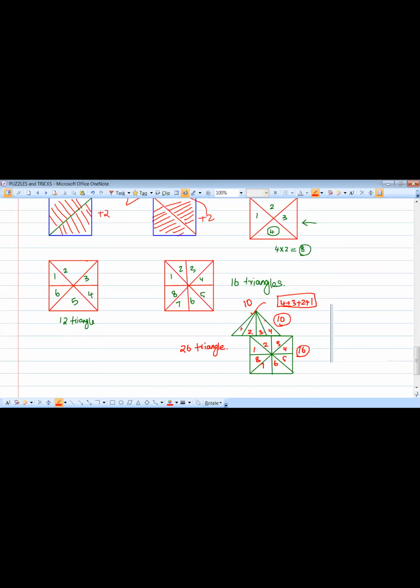Just now I explained about this, 8 into 2, 16. Now we should not multiply this number with 2 because this is a separate model triangle and this is a separate format triangle. This one I explained last week. I just combined both. You have to use one trick for this and a separate trick for this. Got the point? Hope you got it, Shrutika.